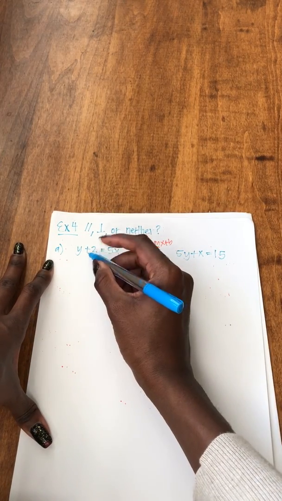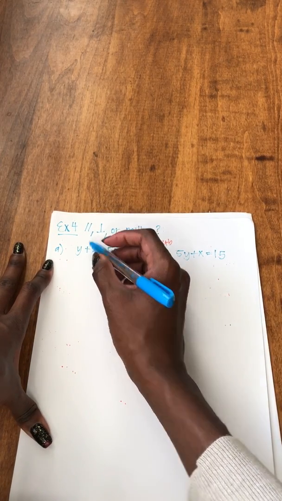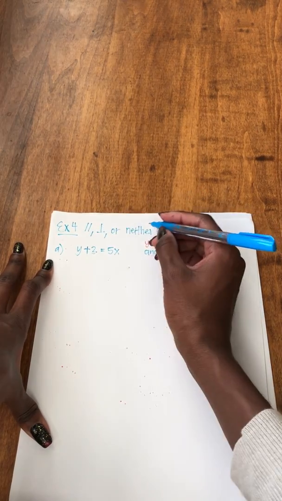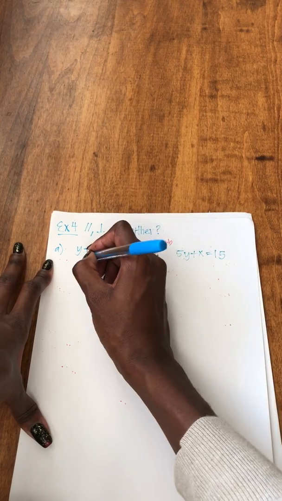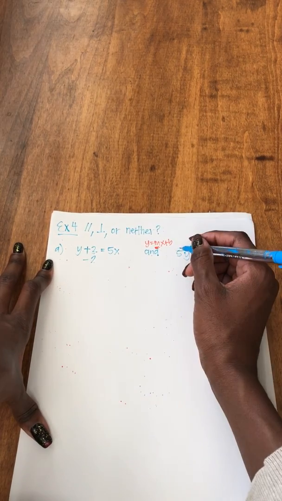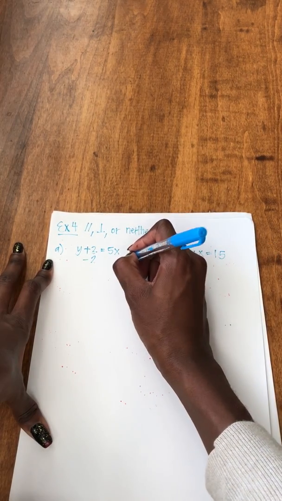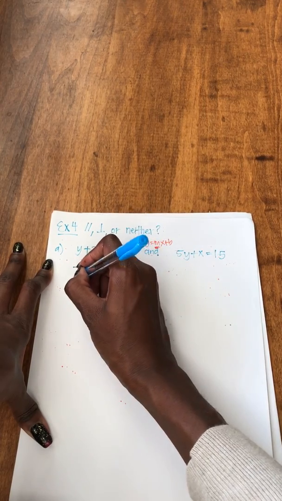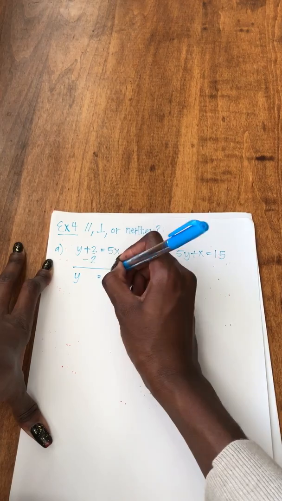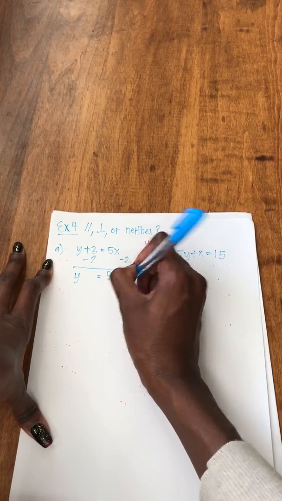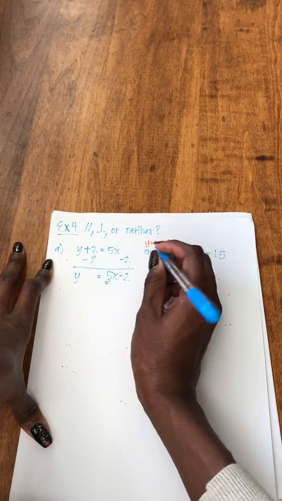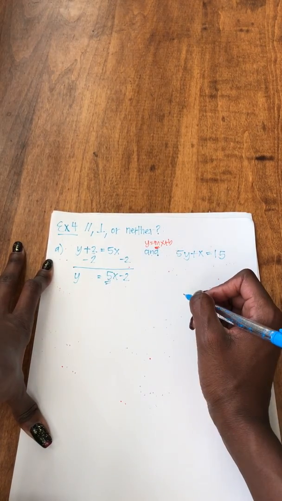So over here, the y has a plus 2 connected to it, right? Remember, pluses and minuses separate our parts, and the only way to get rid of it is using pluses and minuses. So we'll have to subtract 2 on both sides, okay? Remember, you cannot subtract the 2 from this 5x because they are not like terms. So that's going to be y is equal to 5x minus 2. And now we have it in the proper form. So our slope in this equation is 5.